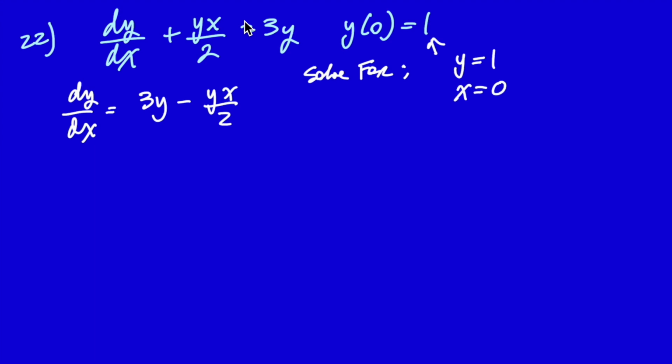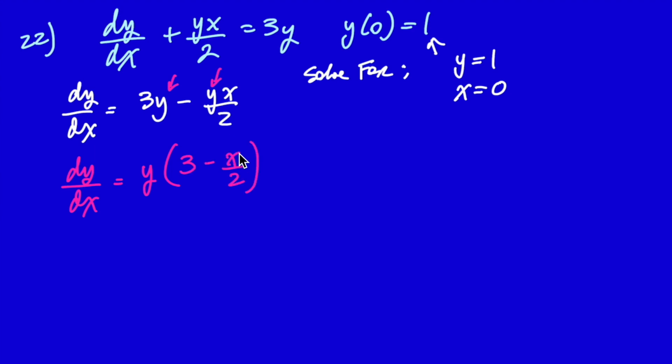Okay, so in order to get the variables separated, I always look for a common denominator. So if I can pull out the y, I can divide by the y. So we're going to have dy over dx equals y times 3 minus x over 2.